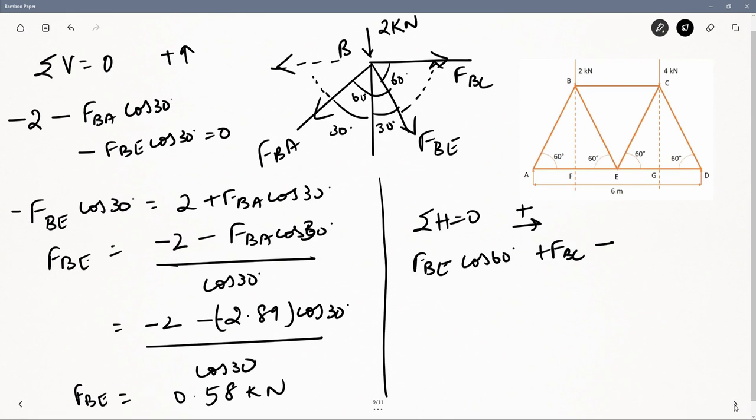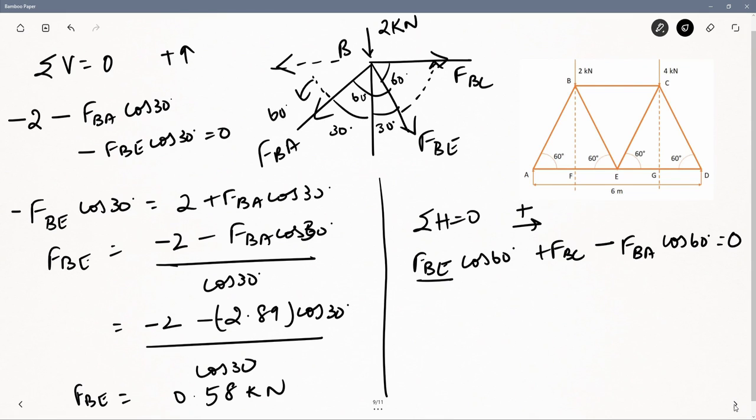This force will be acting towards my left, so there's the negative sign there. FBA, and this angle again would be 60 degrees only. The total angle is 90, so if I remove 30 degrees from here, the remaining angle would be 60. So FBA cos 60 equal to 0.